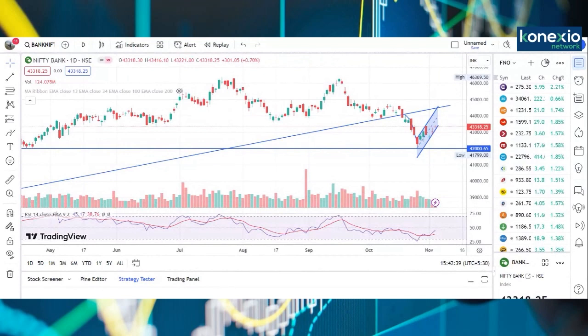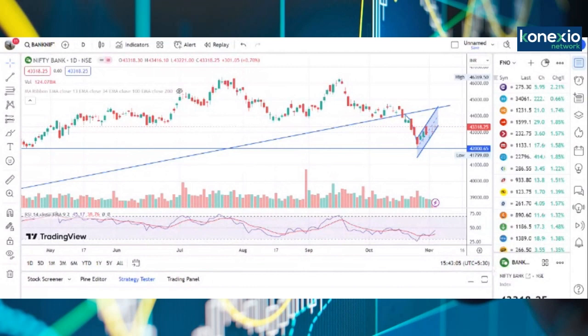The first support in the Bank Nifty is placed around 43,112. Below that, the second support in the Bank Nifty is placed at 42,796, and the third support in the Bank Nifty is placed around 42,390.